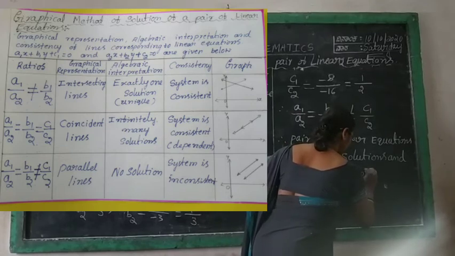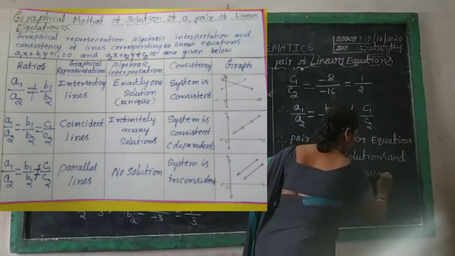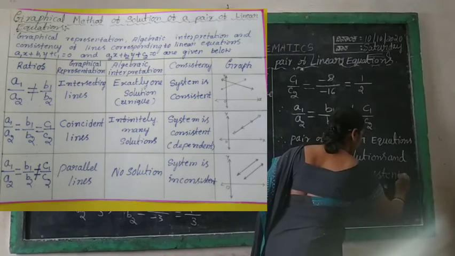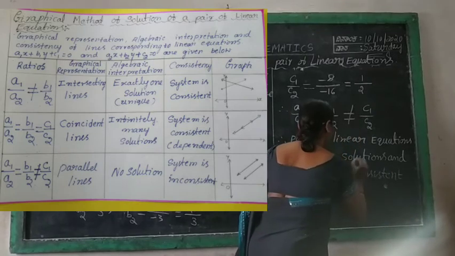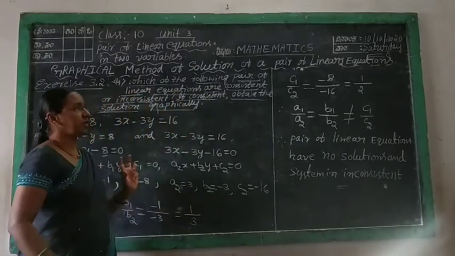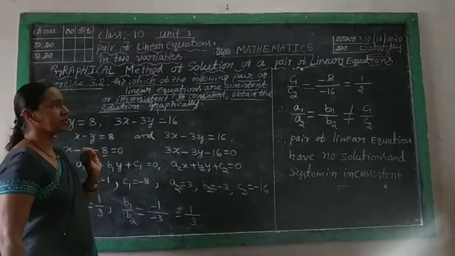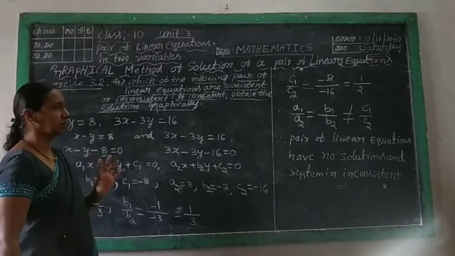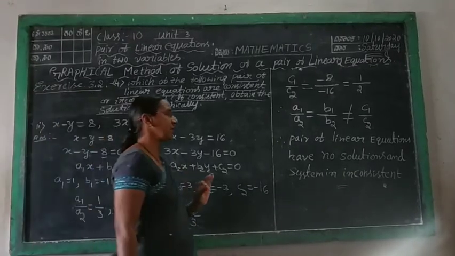The system is inconsistent. We see that only two ratios are the same, but the third one is not. Then the pair of linear equations has no solution.